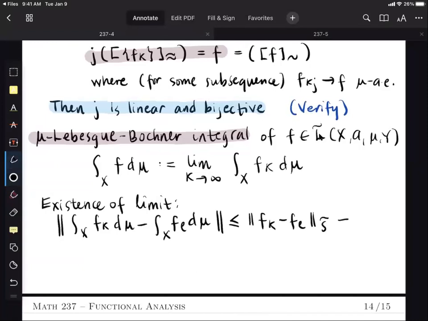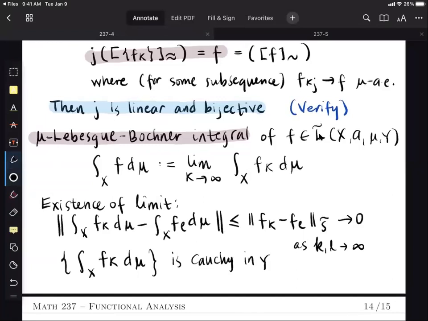Since this is a Cauchy sequence, this tends to 0 as k and l tend to infinity. Therefore, the sequence of integrals is Cauchy in Y. And since Y is a Banach space, it is complete. Therefore, we have a unique limit. So that justifies the existence of the limit.